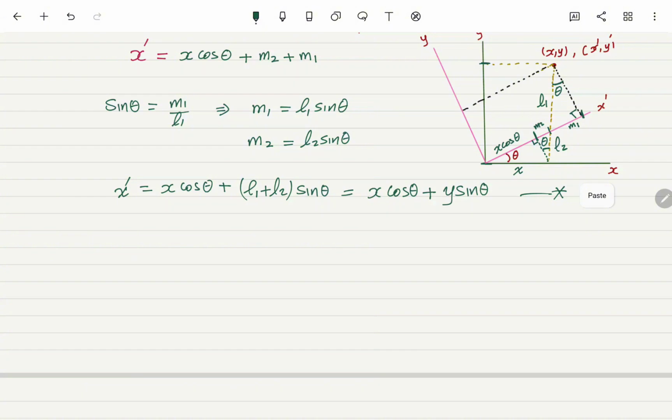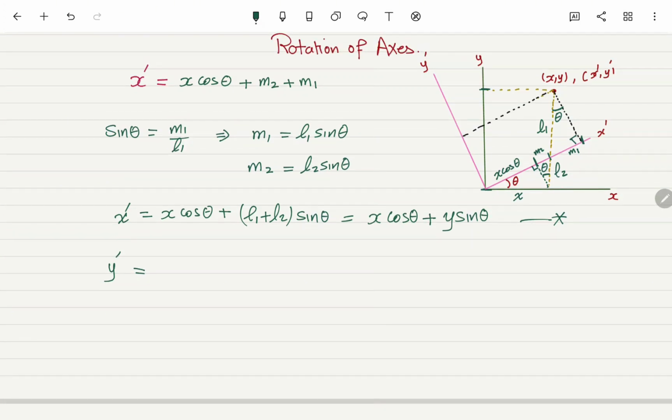Now let's find the relation between y prime and the original coordinates x and y. So y prime, this one right here, is the same as this black dashed line, and this is a right angle triangle, like this one. So y prime is actually equal to this part here, which equals L1 cosine theta.